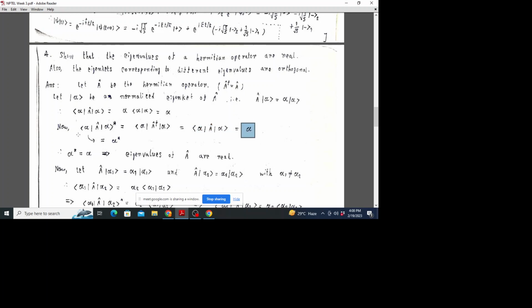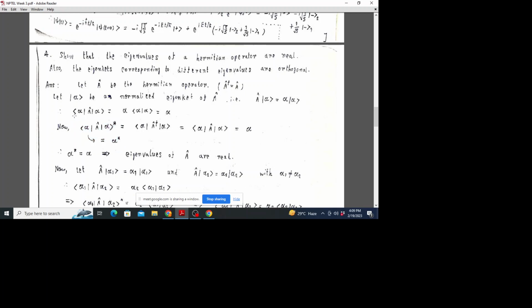But also, directly, if you take the complex conjugation of the earlier step, where the expectation value of A was alpha, the result will be alpha star.